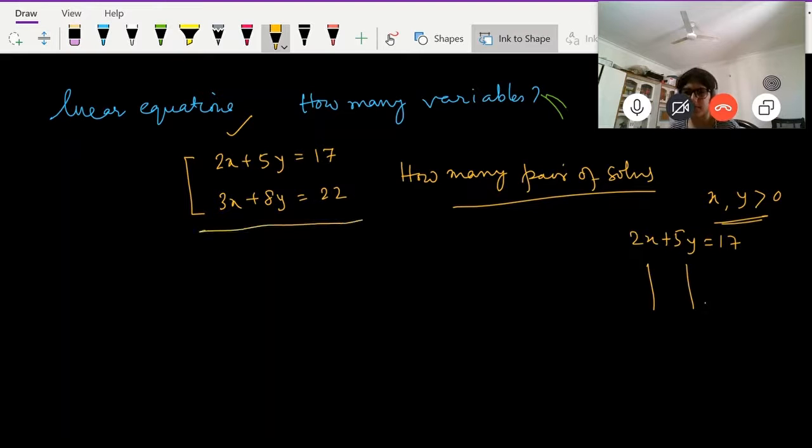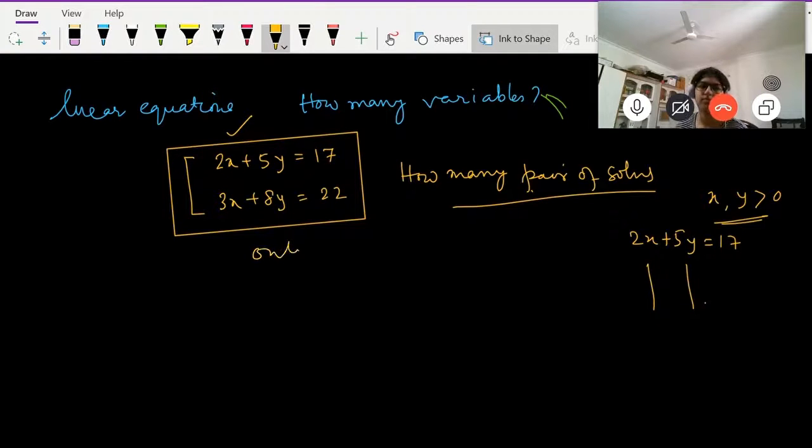But if you are given two equations, there will be only one pair of solution, only one pair, because it will be the point of intersection of these two lines.